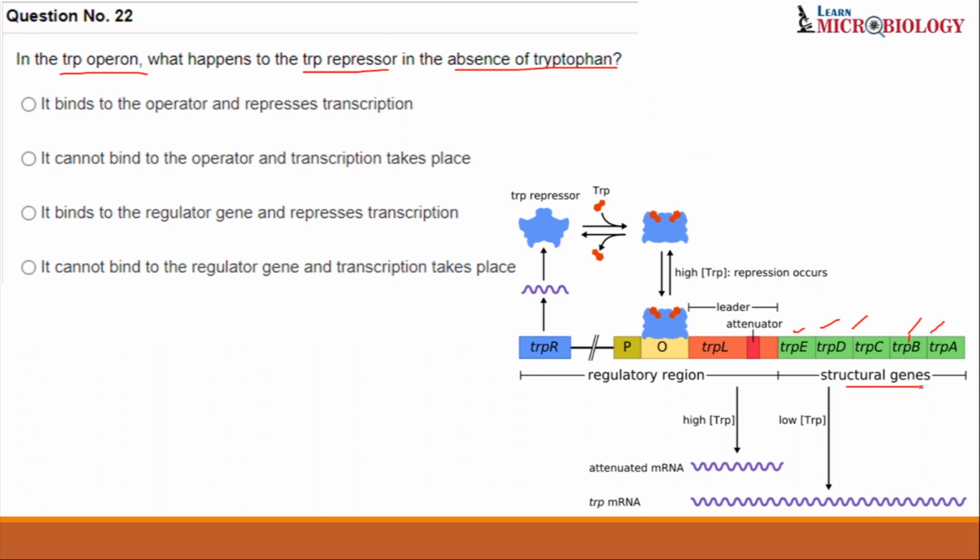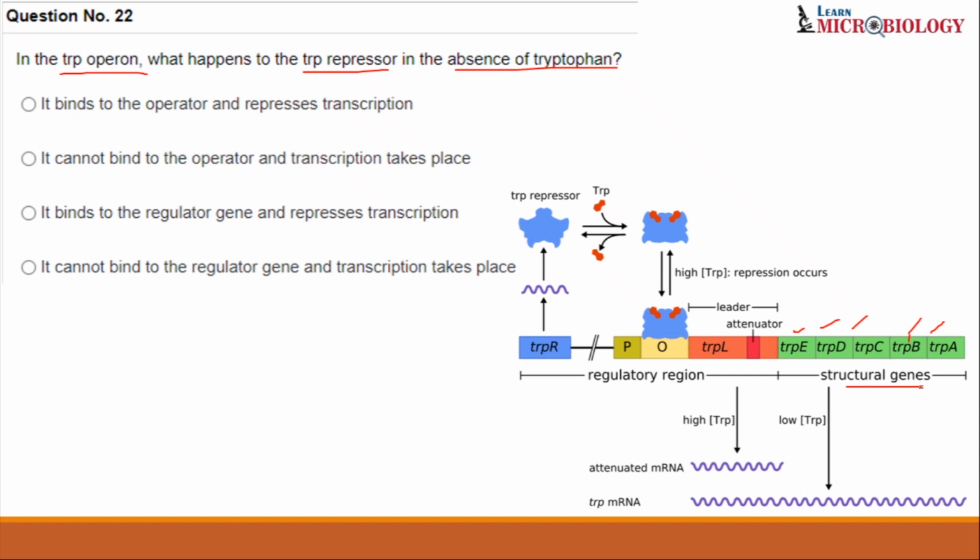Now can you tell me when a particular cell requires tryptophan? When it has a large amount of tryptophan or when it is in absence of tryptophan? Definitely absence. Only when the cell is not having tryptophan does it need to synthesize tryptophan, and only then should this TRP operon be active.